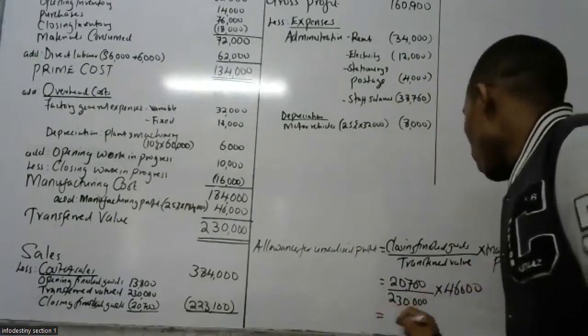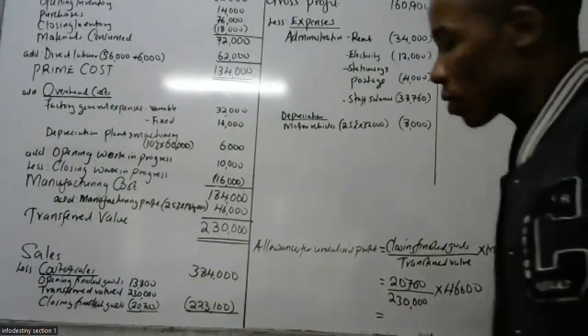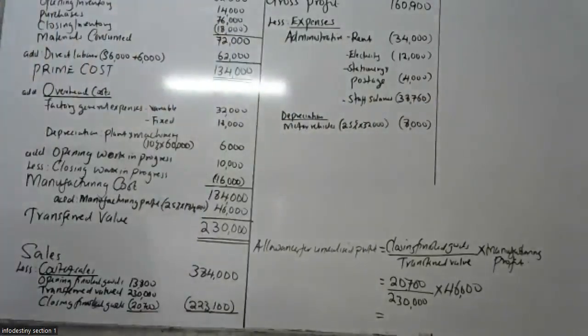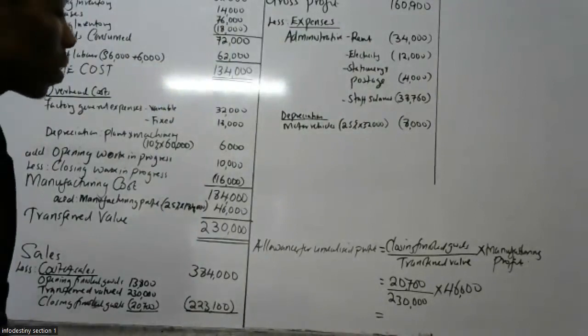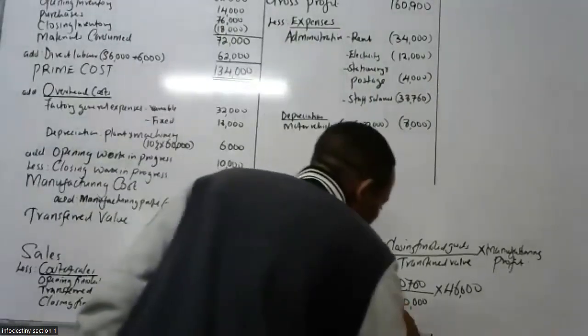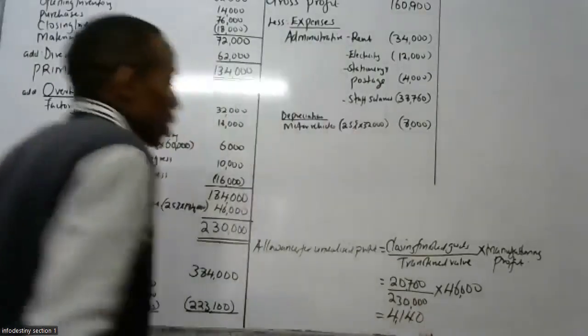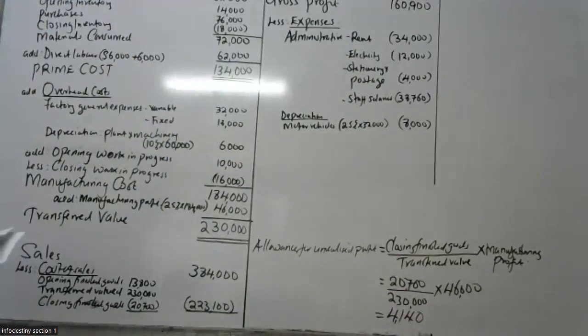So this one will be how much? 2,700 divided by 230,000 times 46,000 will give us an amount of 4,140.